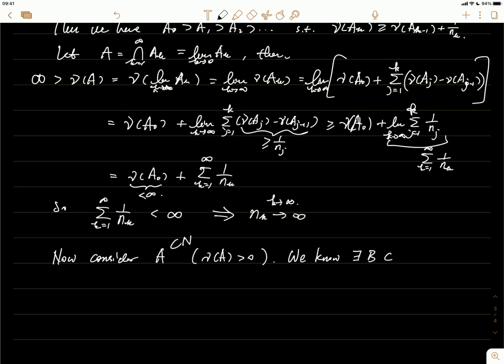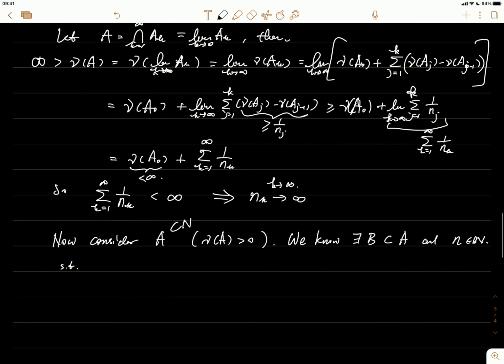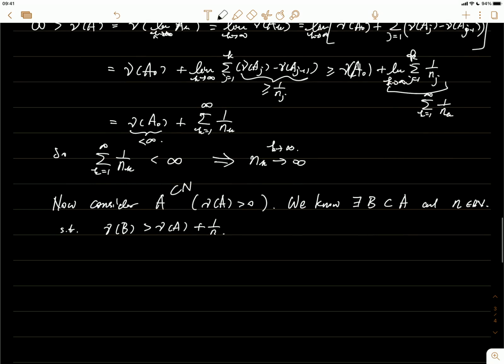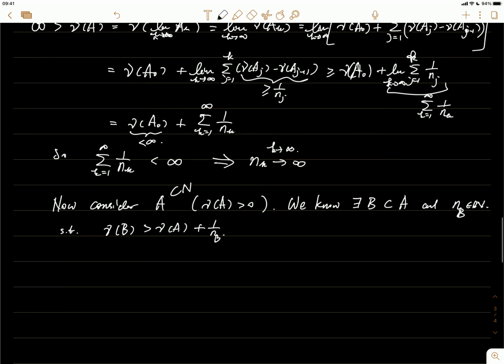Okay, so there exists B, a subset of A, and n such that nu of B is bigger than the measure of A plus 1 over n. Okay, we know this. But on the other hand, this n is for that B, so let's say there exists n of B. So it depends on the choice of B. But remember that nk goes to infinity.